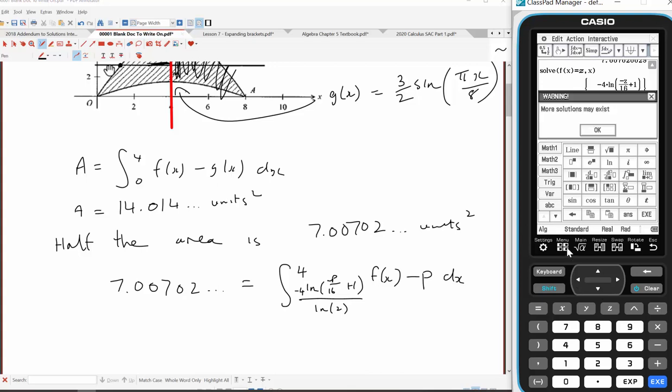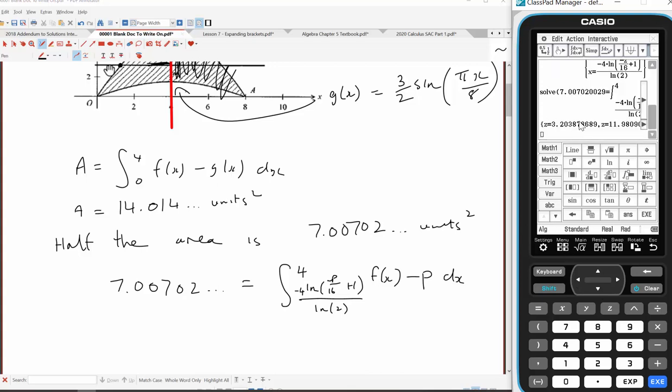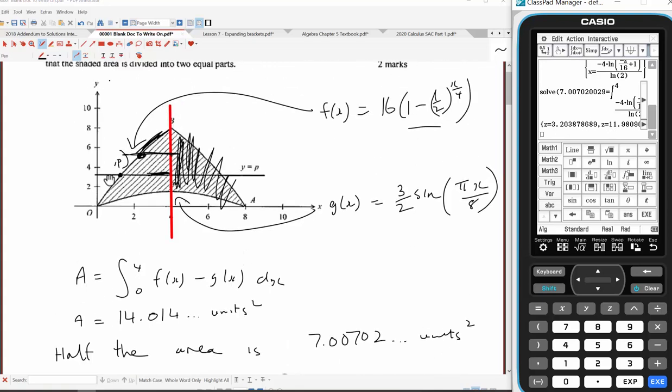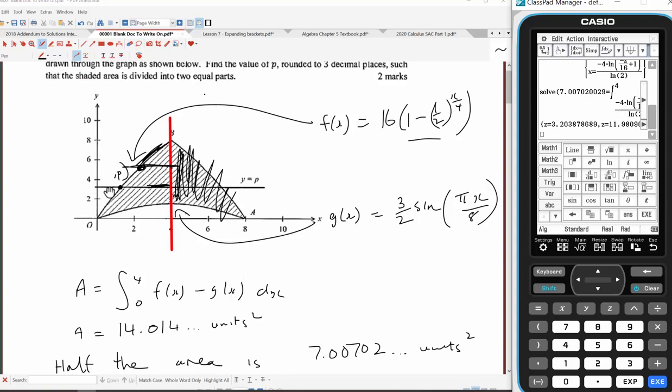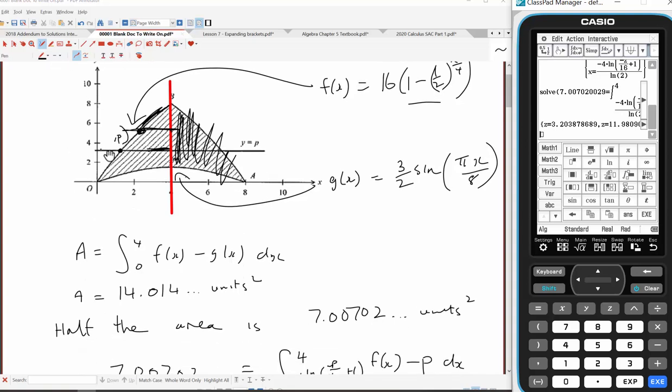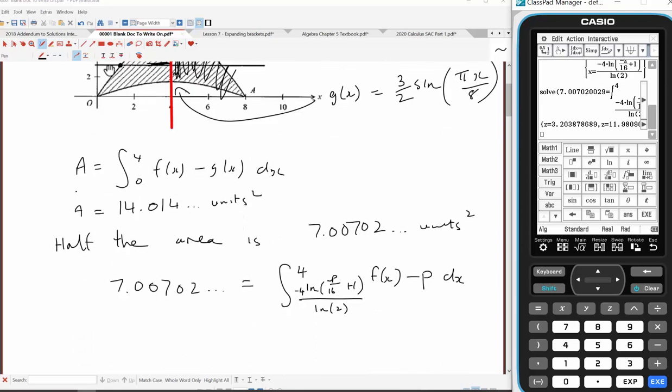All right, here goes. Fine. So I've got two possible solutions: 3.2, okay, so z is 3.2, or z is 11. Now let's have a look at the diagram. So z, remember, is p. So it can't be 11, so the only possible answer is the 3.2. So there it is there.